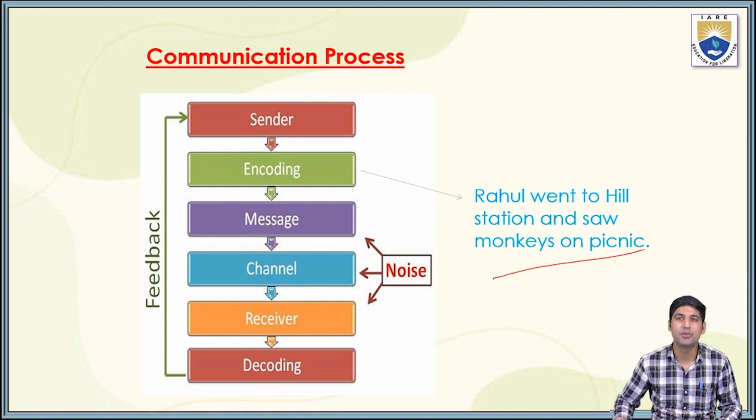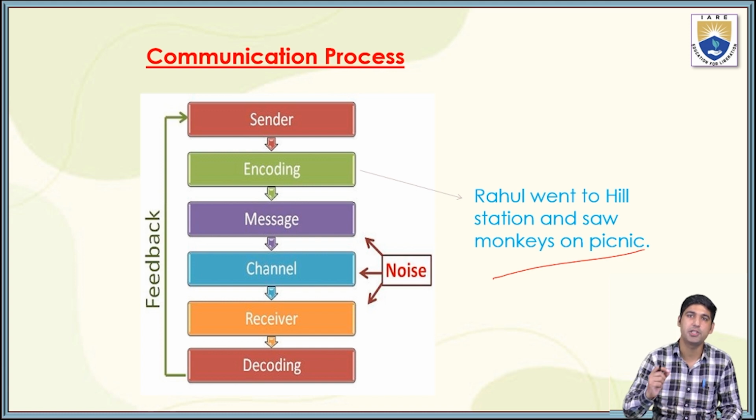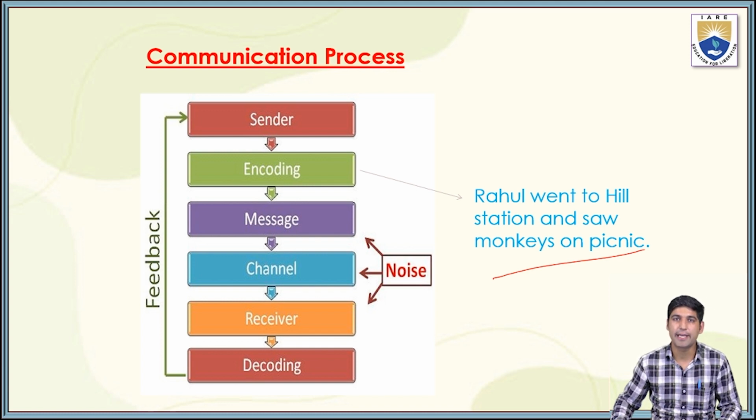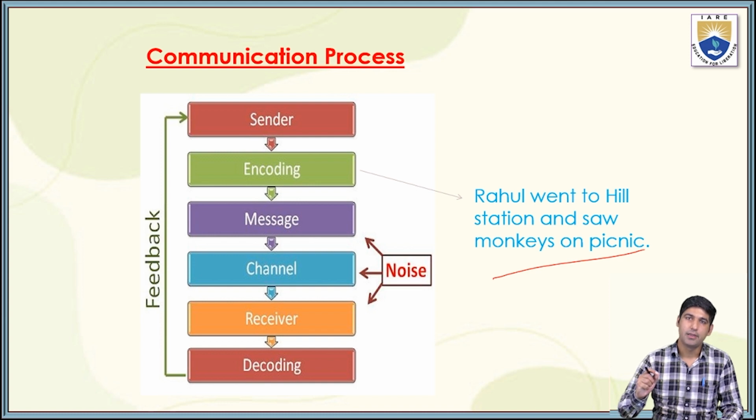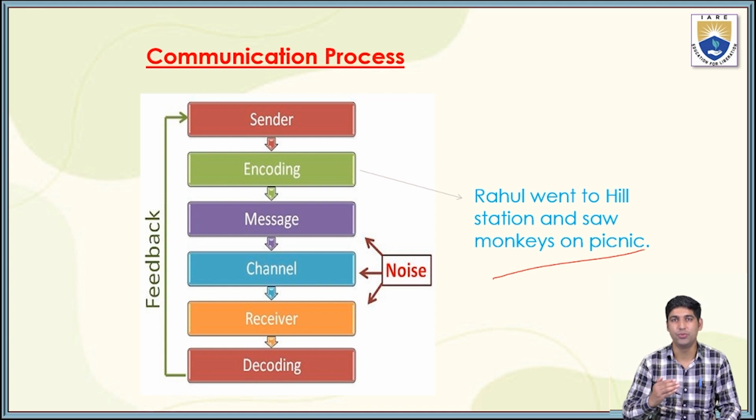And you come to know about your encoding. Are you good at encoding? And you come to know about your expectations. Because when you encode a message, you encode it according to the expectations of your readers. You have expectations from your readers. For example, I want to write a letter to my brother or to my friend. So I have in my mind the level of my friend or the level of my receiver, to what level I should write, which words I should use, which sentences I should use.